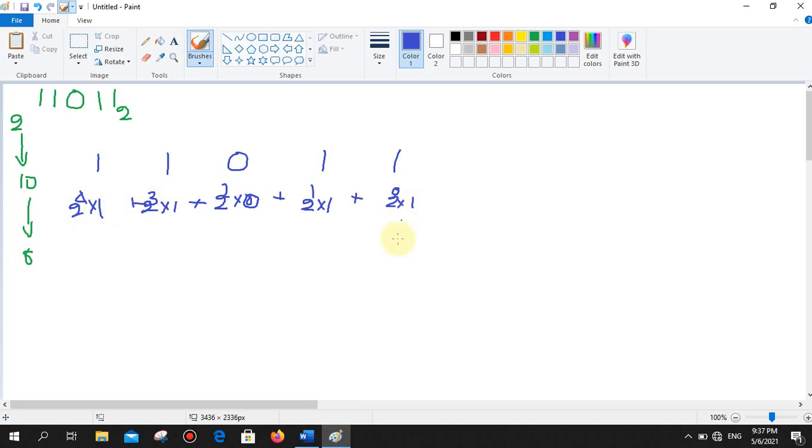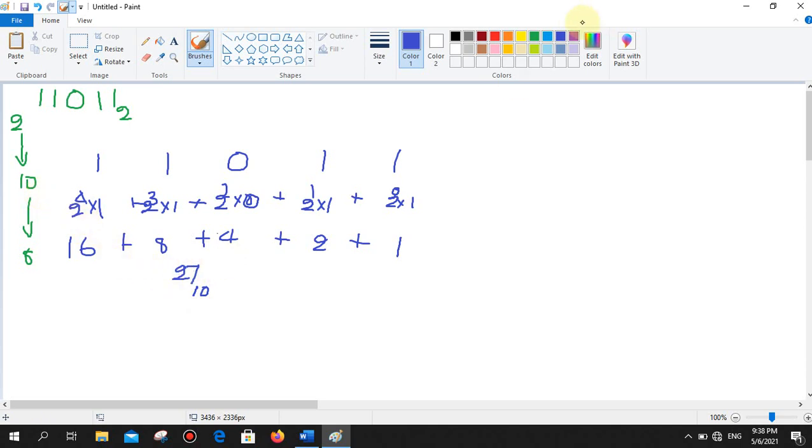Right, you can understand, value will be here 1, here will be 2, here will be 4, and here will be 8. 2 to the power of 3 is 8. So after that 2 to the power of 4 is 16. If you add all these numbers, you will get as a sum 27. This is the decimal number.